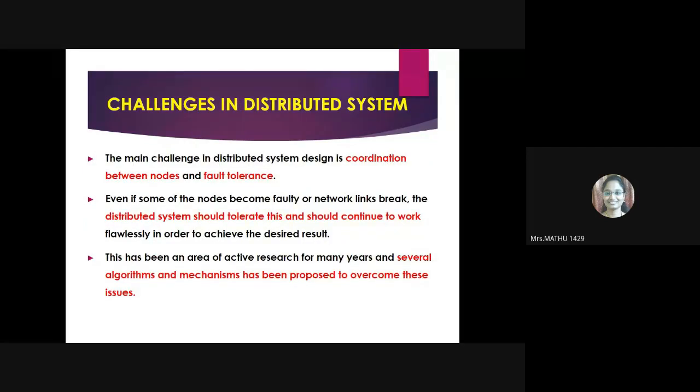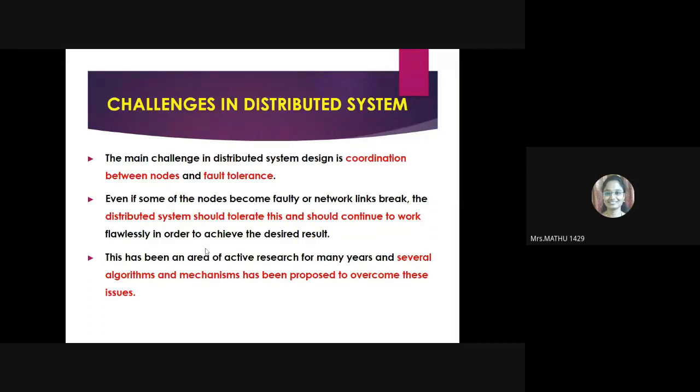So what are the challenges in this distributed system? As we have discussed, there are certainly some nodes which will be malicious, behaving in an unexpected way. The main challenge is the coordination between the nodes, and the second challenge is fault tolerance. You can see here: the first challenge is coordination between the nodes, and then fault tolerance.